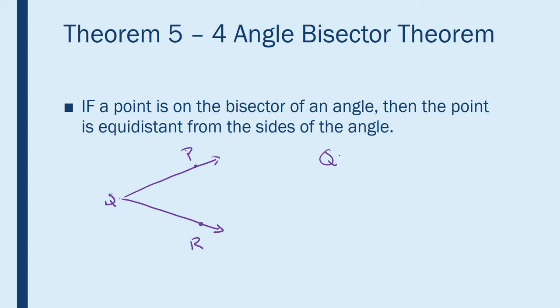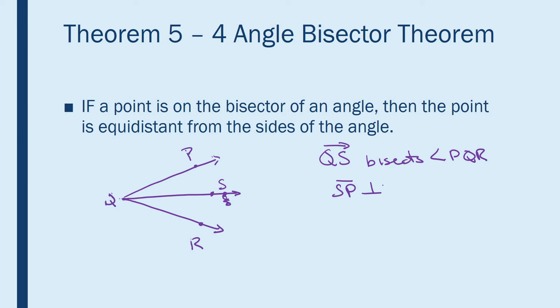I'm going to say that QS, and it's a ray because it starts at Q and goes this way, put a point there, QS bisects angle PQR.